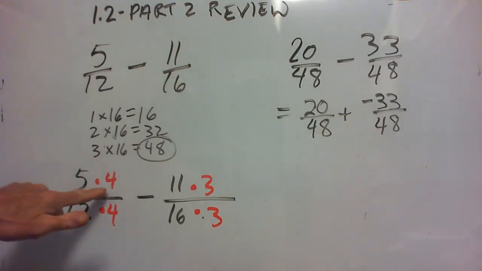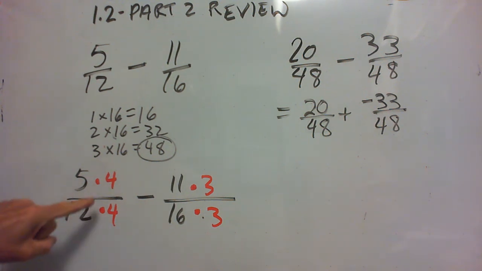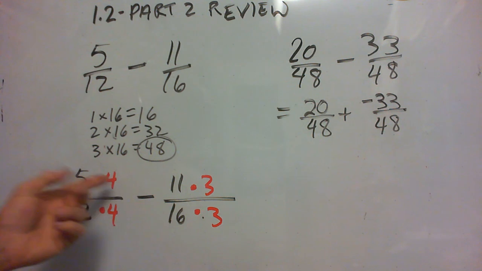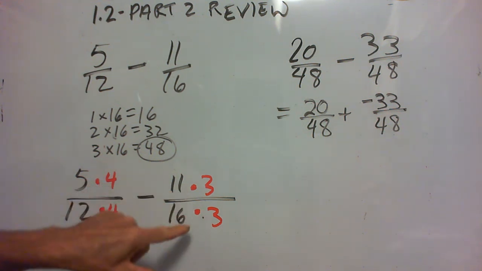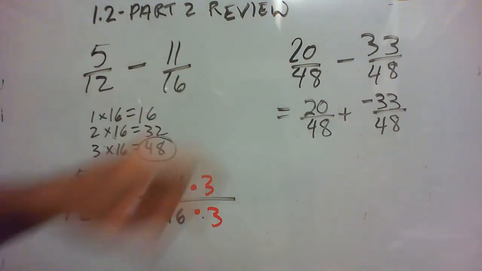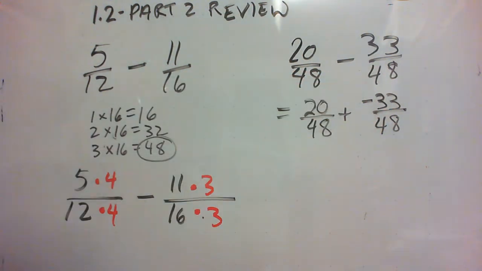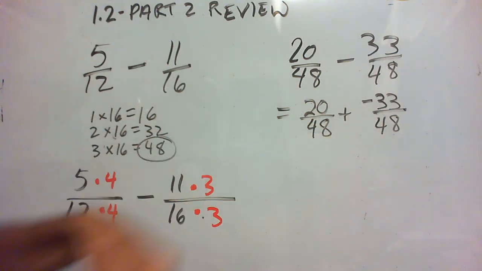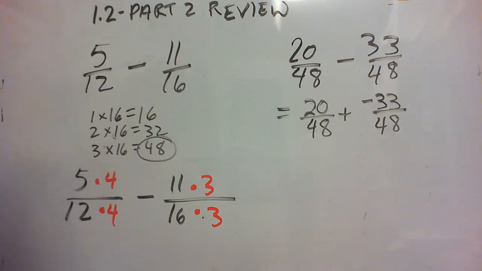So we do this process of building each fraction. Multiply 5/12 by 4 and 4, or 4/4. Multiply the 11/16 by 3 and 3. So we get two new fractions of 20/48 minus 33/48. Now, we can rewrite that as 20/48 plus -33/48.